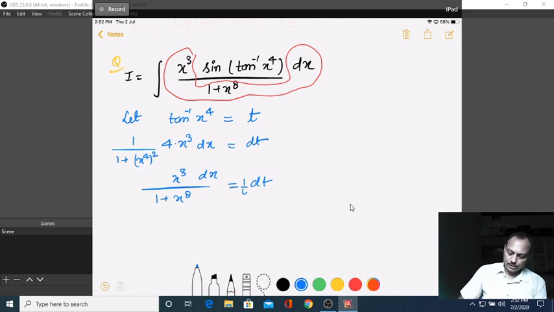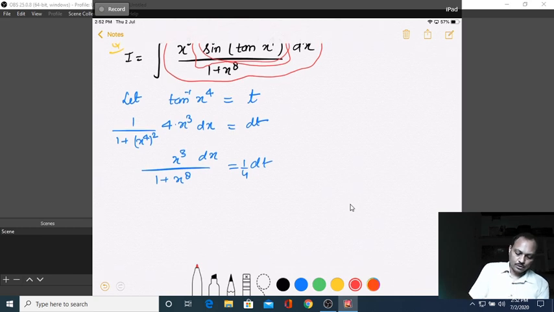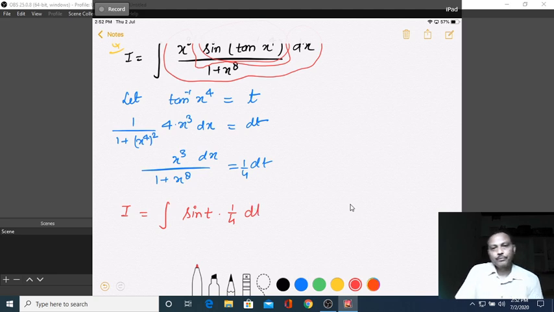So, in place of this quantity x cube dx over 1 plus x raised to the power 8 in the denominator, we can write 1 upon 4 dt, and this quantity sine of tan inverse x raised to the power 4 will be sine t. So now our question is changed. It is sine of t into 1 by 4 dt. That is a very simple function.